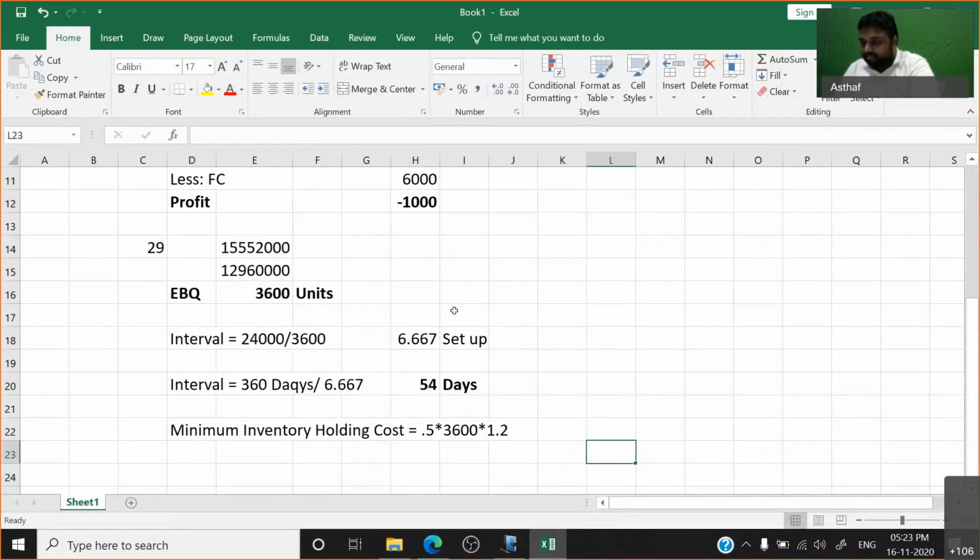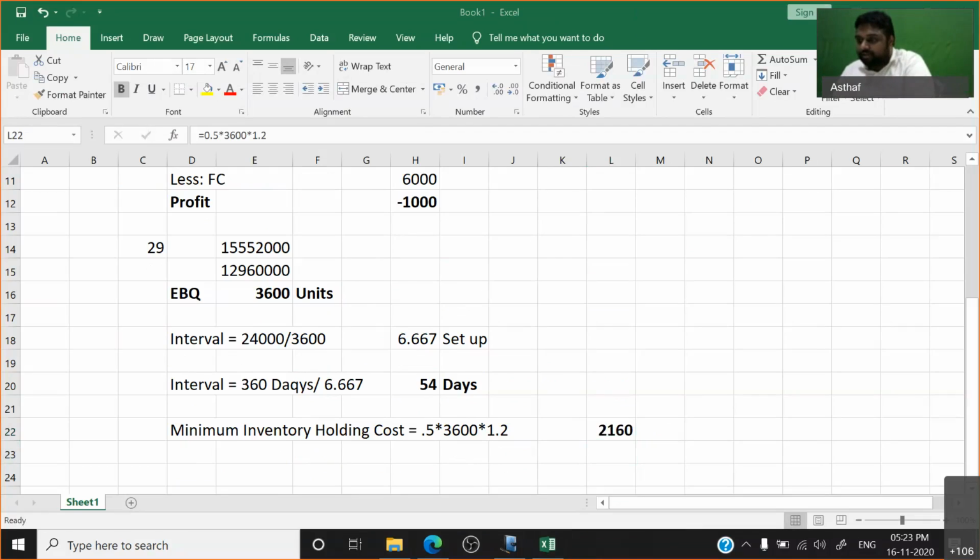What is the answer? Very good, a lot of friends have given the answer. The answer will be 2160. You are correct.